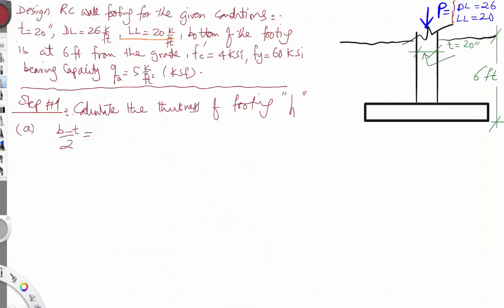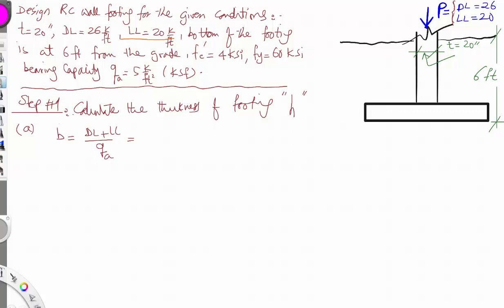So B is equal to dead load plus live load divided by QA.